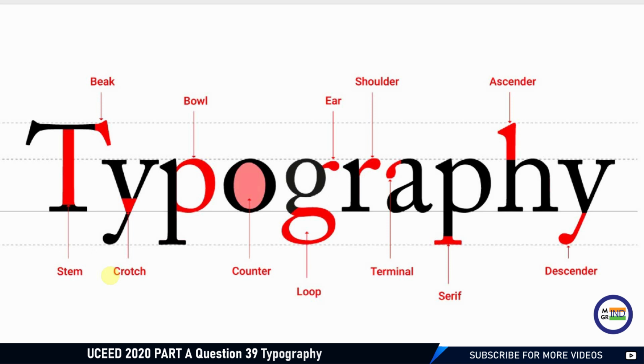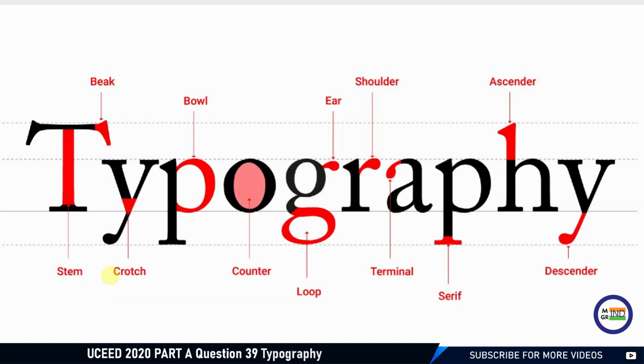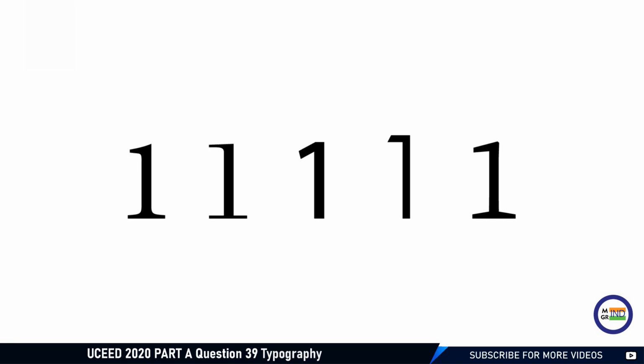According to me, stem, bowl, terminal, that are the ends, and the ascenders are the most important ones to identify whether this word or text belongs to the same typography or not. And now we will see the angles which the ascenders are forming to differentiate between different typefaces.